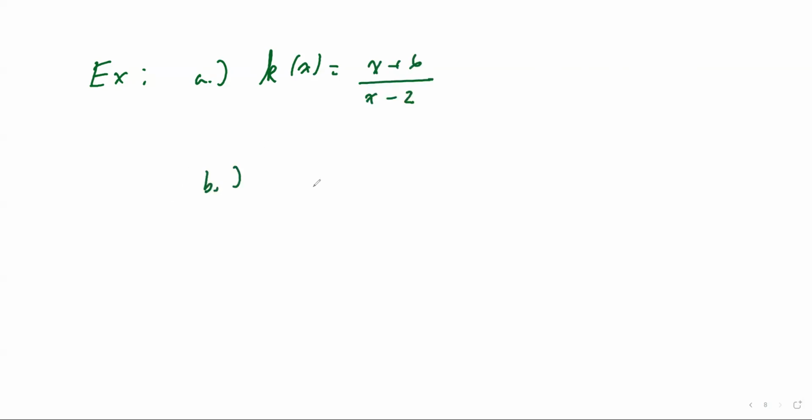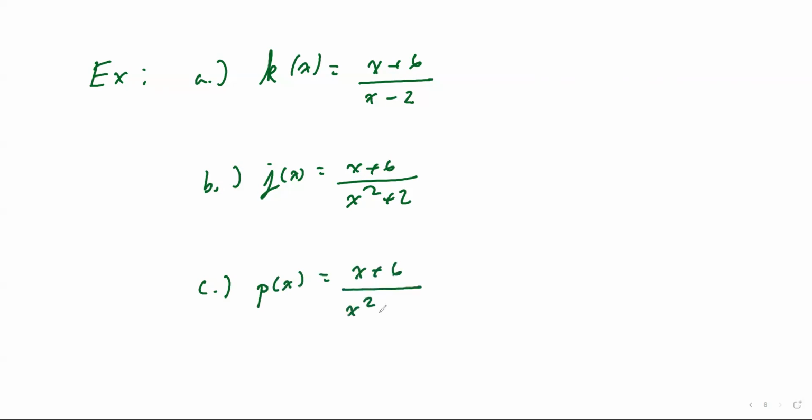We'll look at j of x equal to x plus 6 over x squared plus 2. And we'll look at p of x, which is equal to x plus 6 over x squared minus 2.